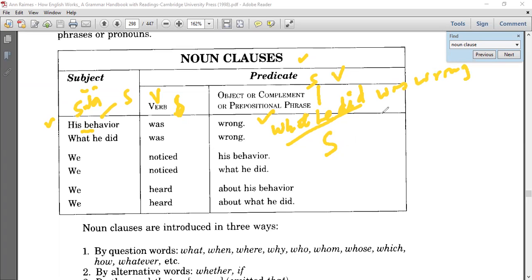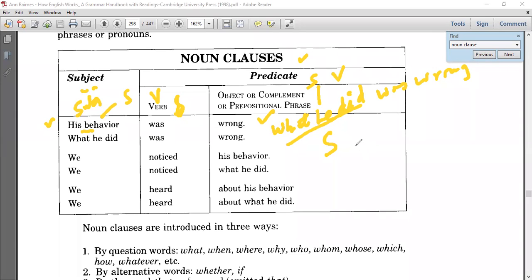That means the subject is a clause, not just a noun, not just a word, not just a phrase, right? It's a clause, right? What he did. Now, this whole clause is a subject.